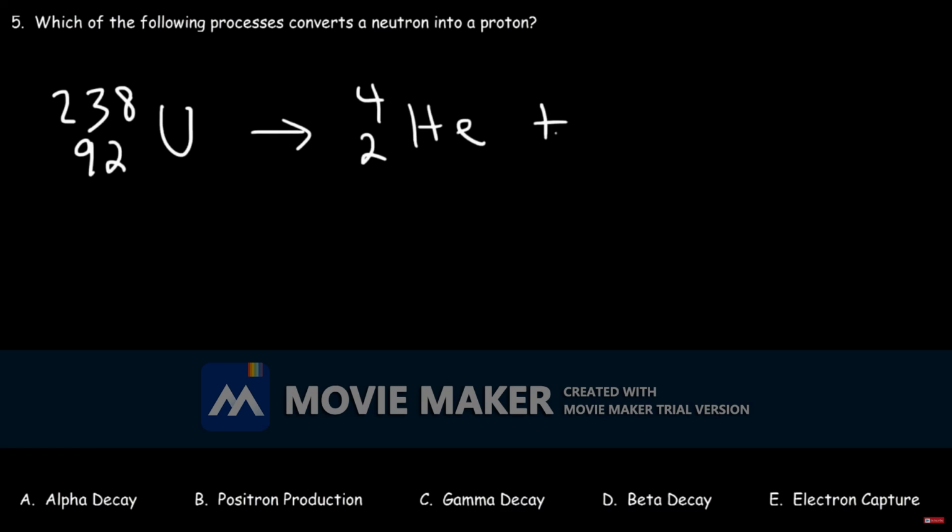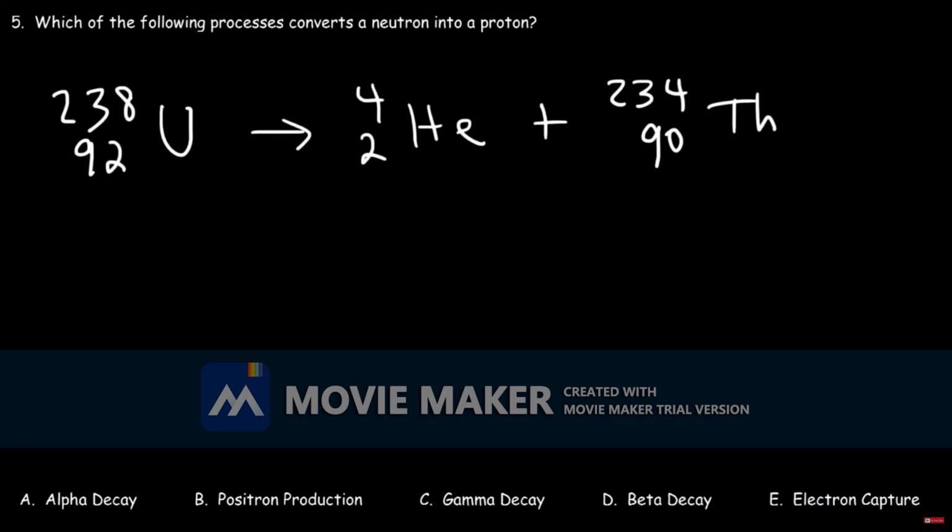If it undergoes alpha decay, what is the element that is produced? 238 minus 4 is 234, and 92 minus 2 is 90. This is, by the way, thorium-234, and thorium always has an atomic number of 90.